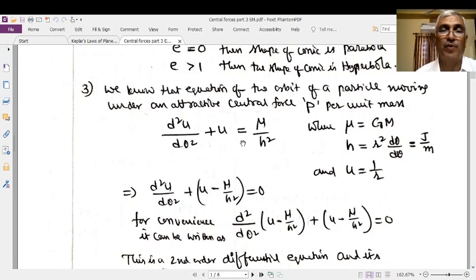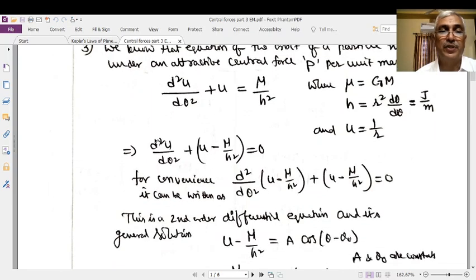Now we go to the equation of motion. Then this one is displaced to the LHS. Therefore, d square u by d theta square plus u minus mu by h square is equal to 0. Mu is constant, h is constant. Therefore, for a proper order of equation, instead of u in d square by d theta square, I kept u minus mu by h square.